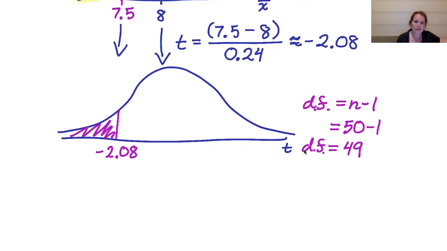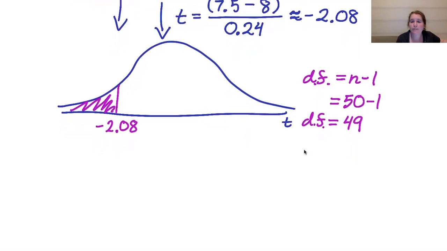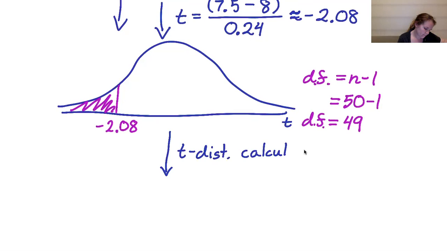And then we're looking at a t-score of negative 2.08 looking to the left. From here, we should use the t-distribution calculator in Canvas. We know our degrees of freedom and we know our t-score.